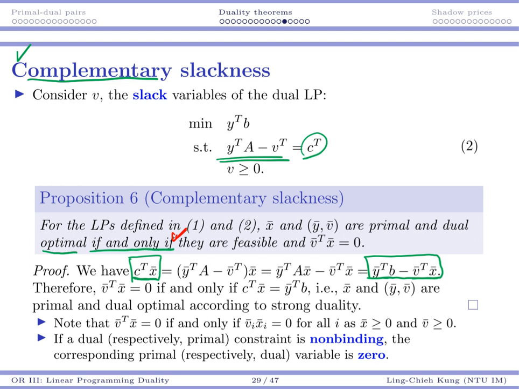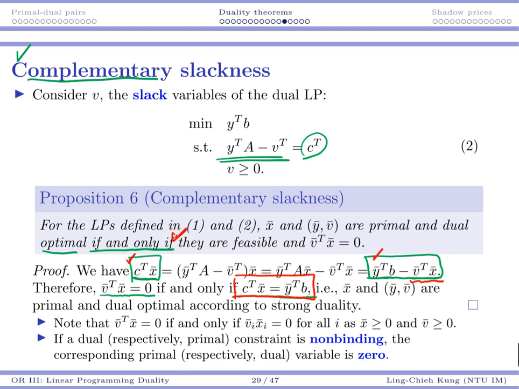This obviously tells us that V bar transpose X bar must be 0 if and only if C transpose X bar equals Y bar transpose B. If this one and this one are the same, then obviously this must be 0. But you also know that this equality implies X bar and Y bar are optimal.